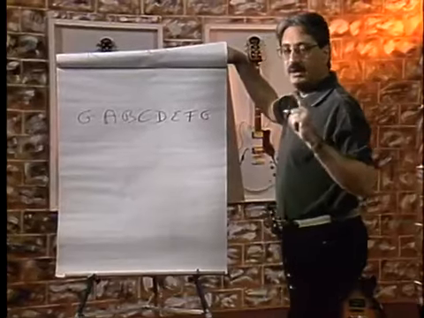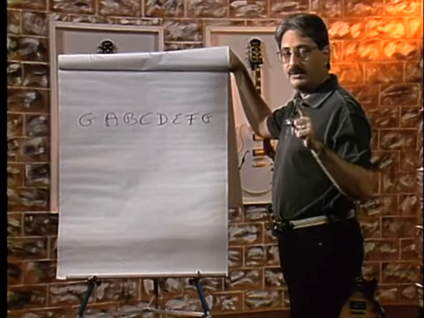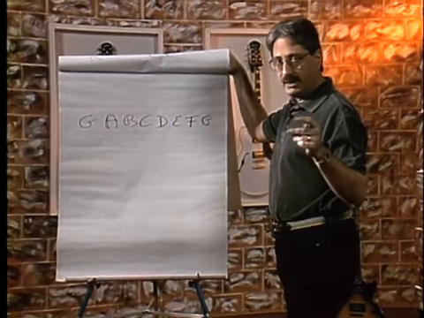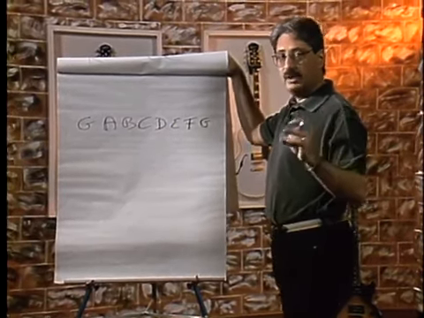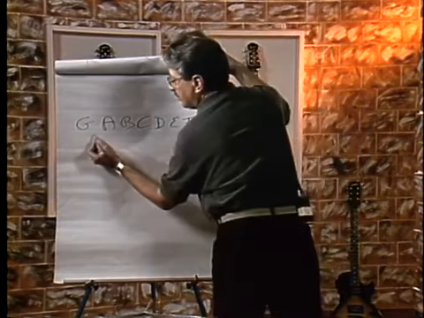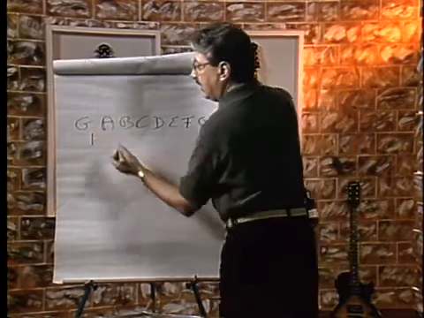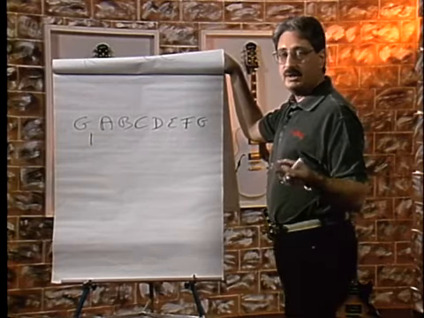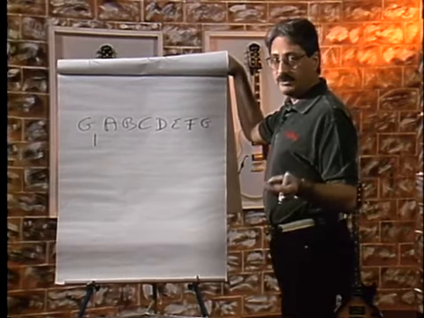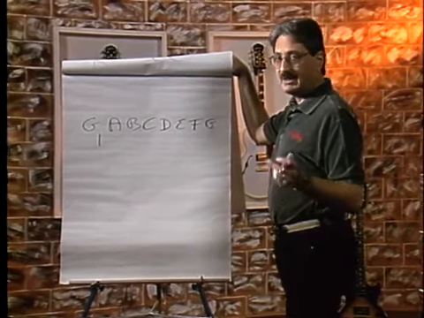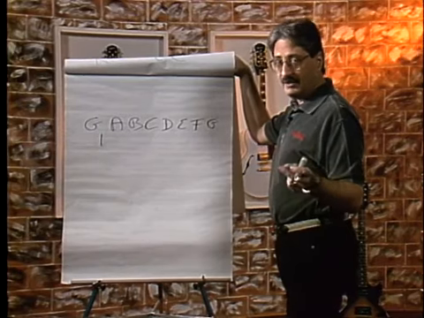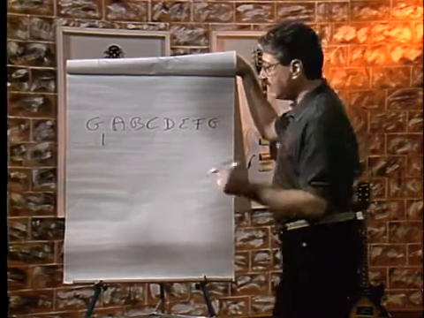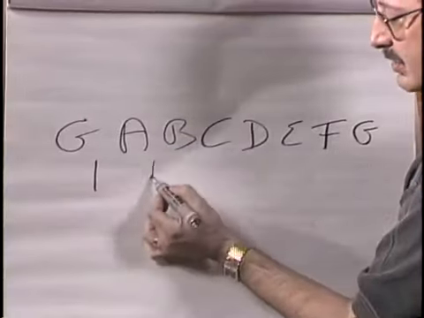Now, I already said all major scales are a pattern of whole steps and half steps. Do you remember the pattern? The easy way to remember is 2.5, 3.5. So we need a whole step from G to A. Is G and A a whole step? Yes. All adjacent natural notes are a whole step apart, except for what? E, F, B, C. A to B is a whole step.